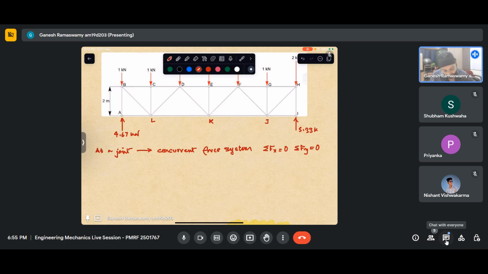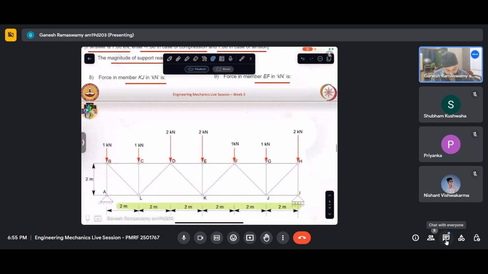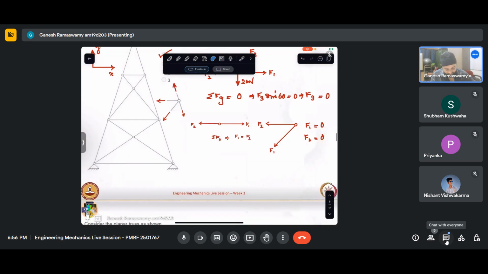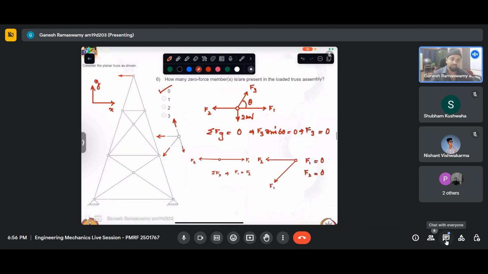So if I were to take a joint which has three forces, for example, let me take this example. If I take this section, I'm able to see that I have exposed three forces now, in addition to the reaction. So this doesn't help. Taking a section like this wouldn't help. So we have to start our analysis only with a joint which has only two forces.